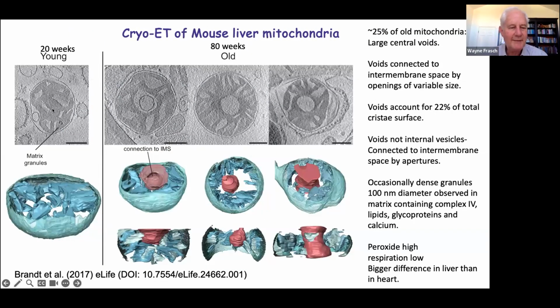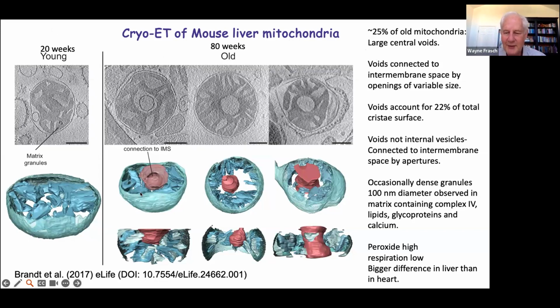I think this is liver. I'm trying to read underneath my screen here at the top here. See if yes, this is the liver mitochondria. And so in the liver mitochondria, you have 25% of the mitochondria that are old, even in the young ones, and they have large voids.